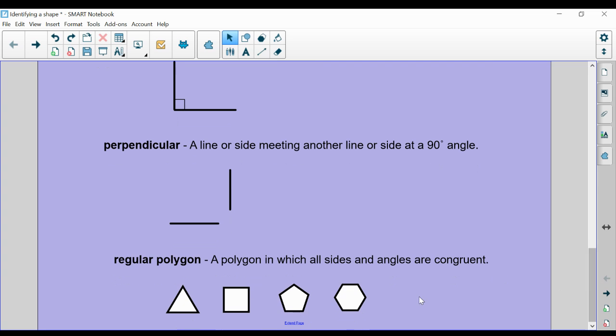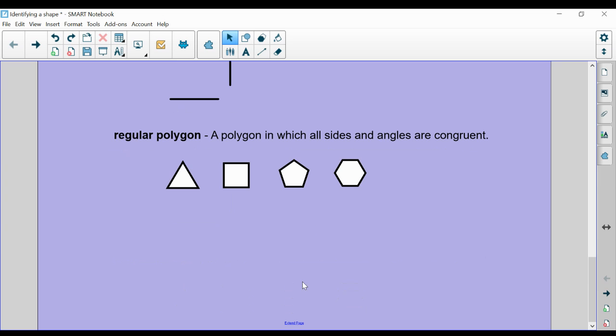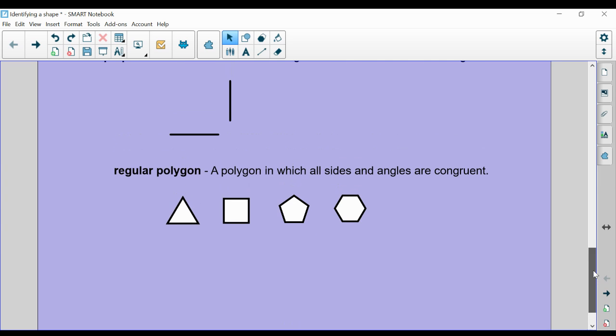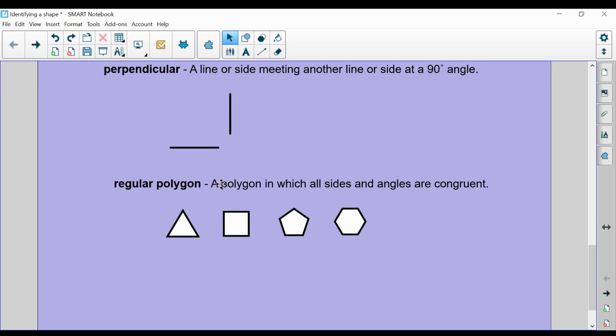And then another term is a regular polygon. You need to know what a regular polygon is. A polygon in which all sides and angles are congruent. And we learned congruent earlier, and that just simply means exactly the same.